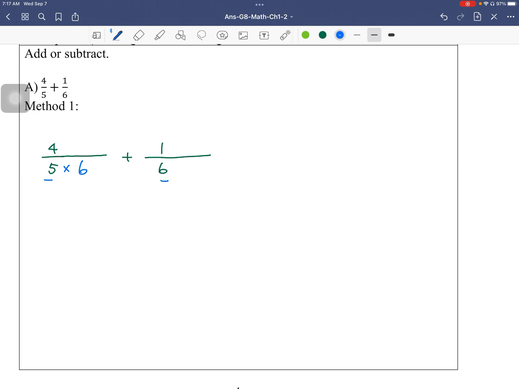So 5 times 6, 6 times 5, and then to keep the value of the fraction the same, I multiply 6 and 6, 5 and 5. So this is 24 plus 5 over 30, 29/30. So that's the final answer.